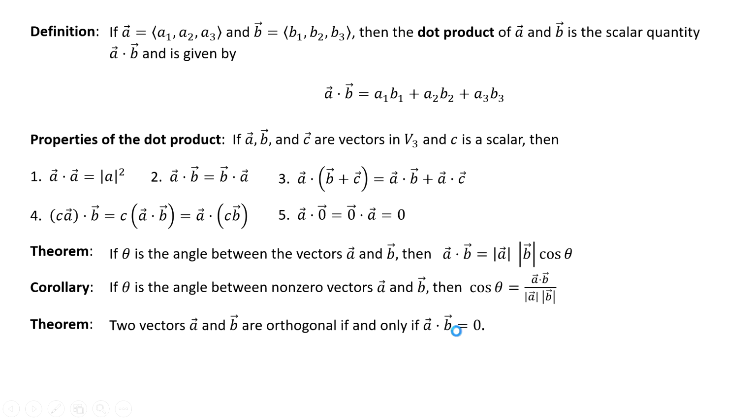All right, another theorem. Two vectors A and B are orthogonal if and only if the dot product is equal to 0. Does that make sense? By the way, if and only if. What in the world is if and only if? I think I have mentioned, if you have had a class from me before, you probably know this, but let me repeat this.